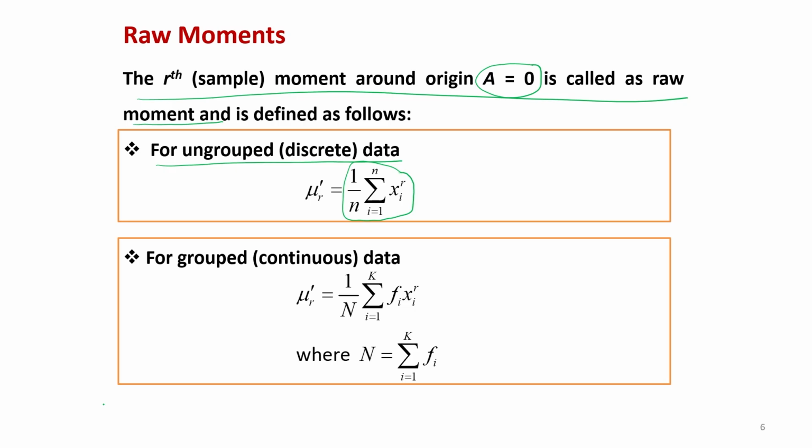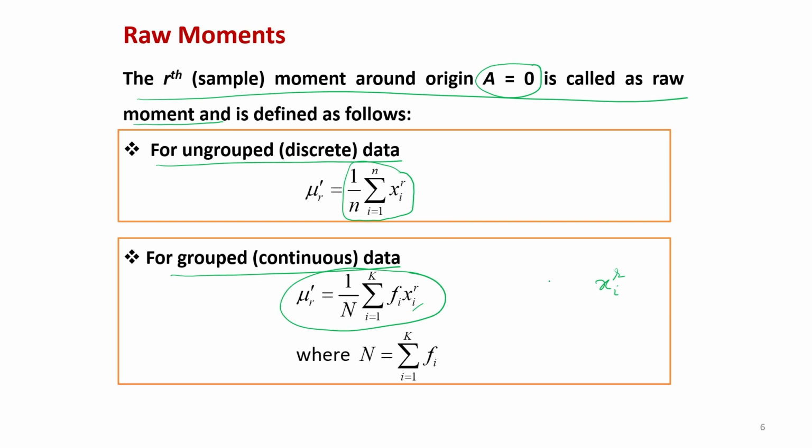Similarly, I can define the rth sample based moment for the grouped data like this: mu r prime is equal to 1 upon capital N, summation i goes from 1 to k, fi xi raised to the power of r. This is the same thing actually. You are trying to find the arithmetic mean of the xi raised to the power of r values.